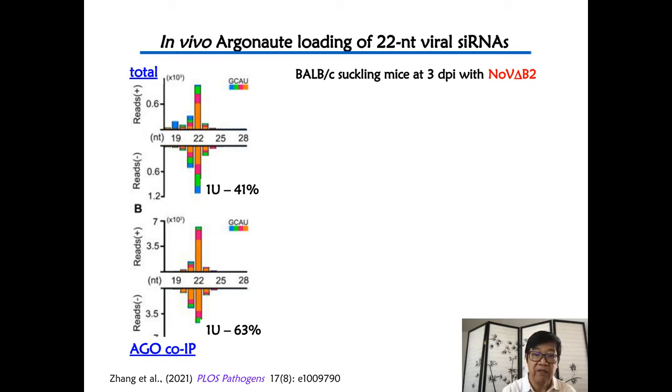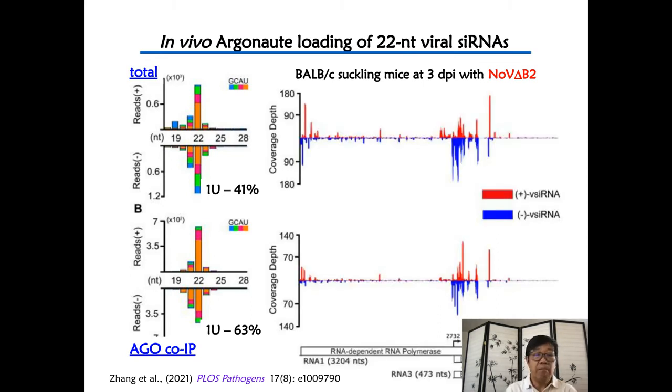Mapping of the viral siRNA to the genome further revealed high densities of siRNA targeting the 5' terminal regions of RNA1 and RNA2, as well as the RNA3 encoding region of RNA1.